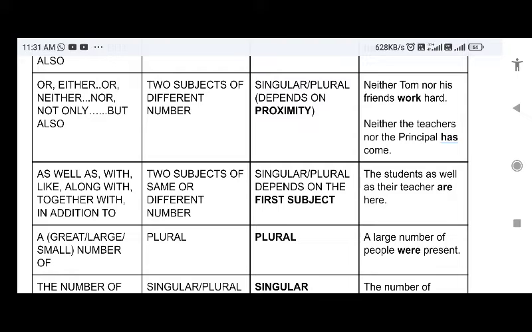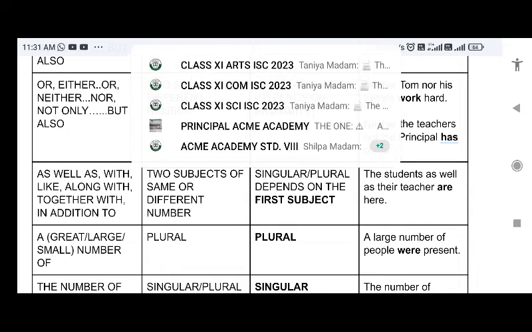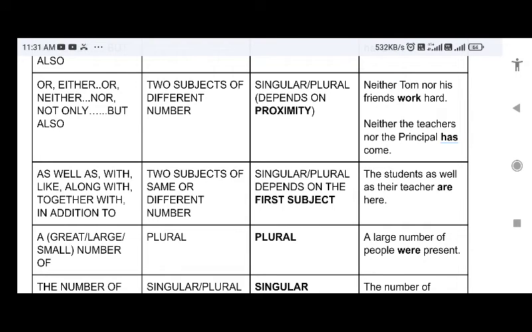In the second example, though I have written the principal later, generally in English, when these phrases join two nouns of different number, the plural is written adjacent to the verb, and that's why the verb also takes plural form with it.